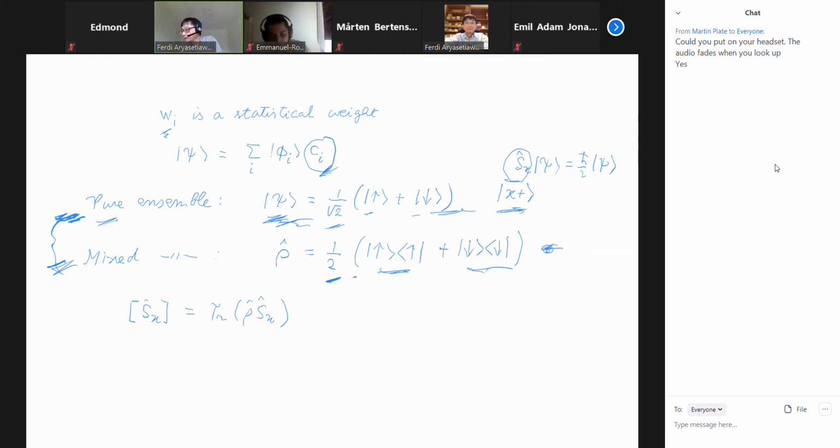So that is just an illustration to show that the pure ensemble and mixed ensemble are fundamentally different, because in one case you have all the particles in just one particular state, whereas in the mixed ensemble, the particles can be in different states.